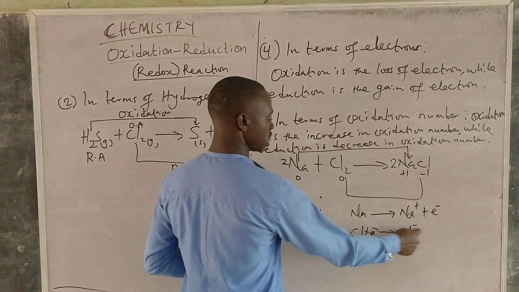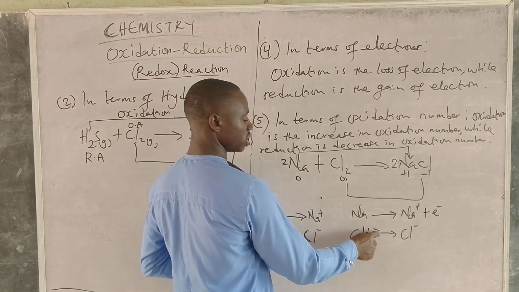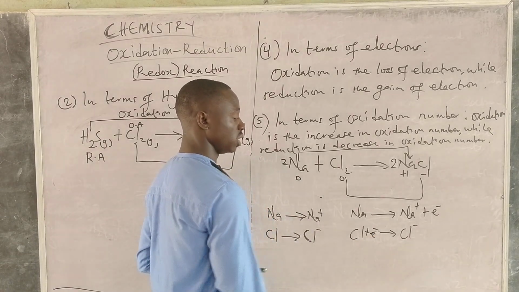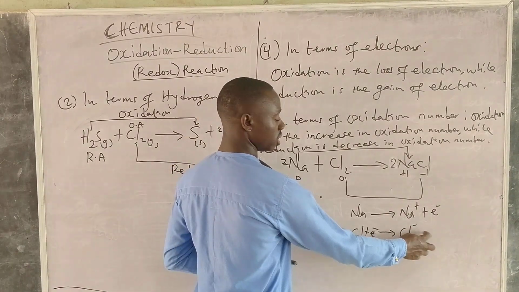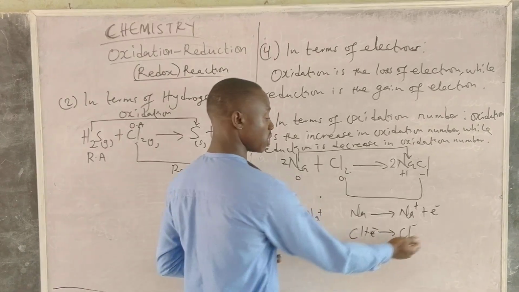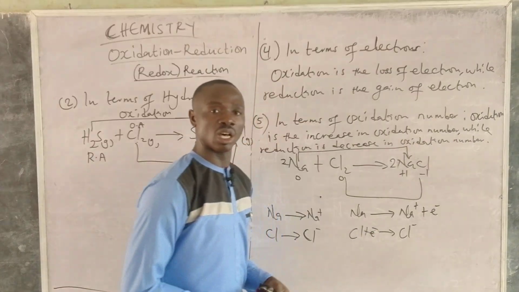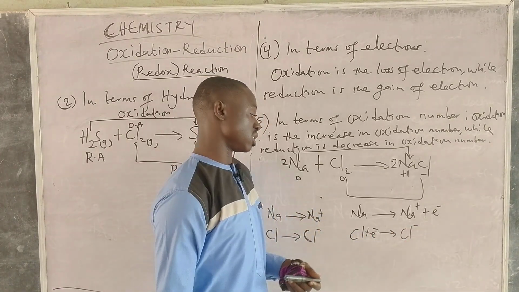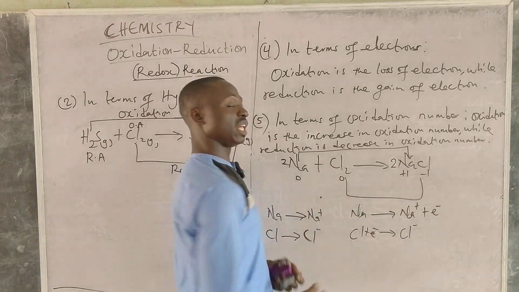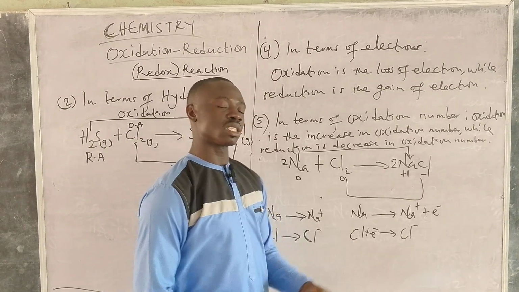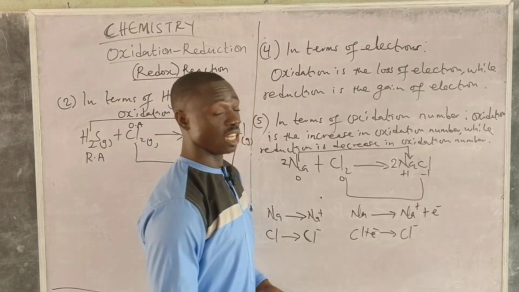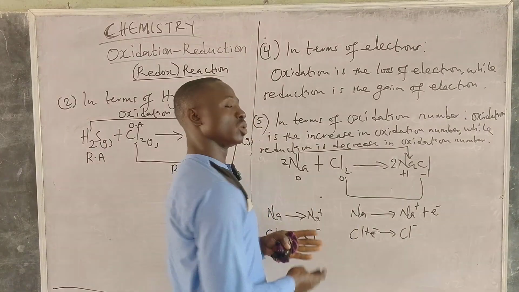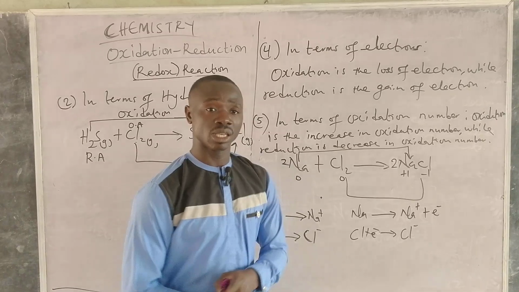Then there's a negative charge here, so adding an electron here will also make us have a negative charge on the left hand side of the equation. If you add this electron here, it can't cancel out this, so we are going to have -2 charge here, two negative charges, so you have to add the electron to the left hand side of the equation to balance your charge. All right, and anytime you're balancing charge, we always add electron, either to the right hand side or to the left hand side, as the case may be.